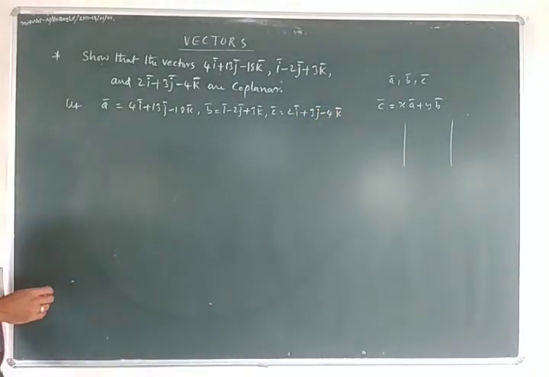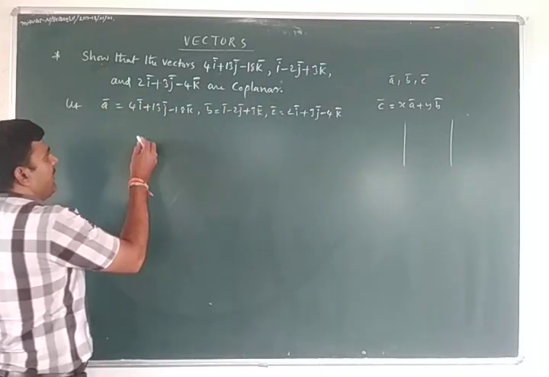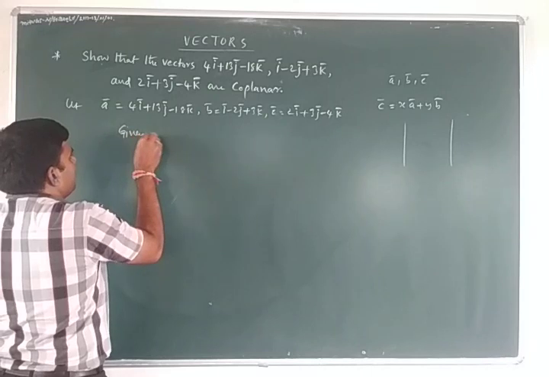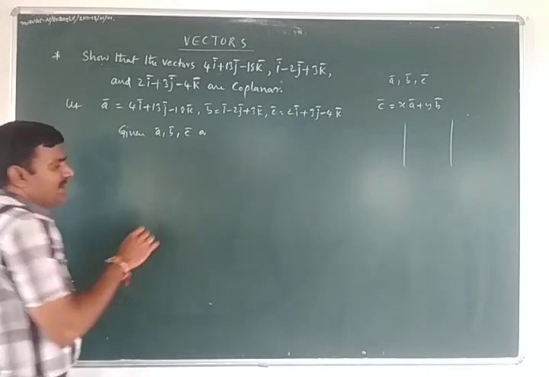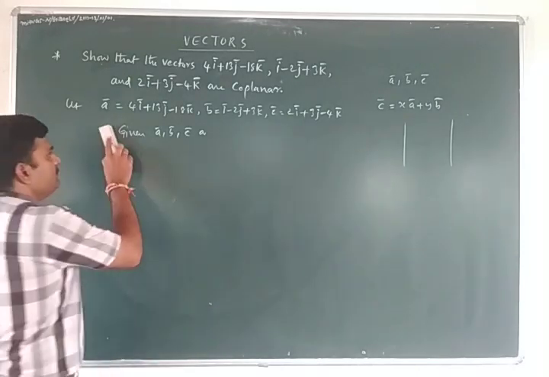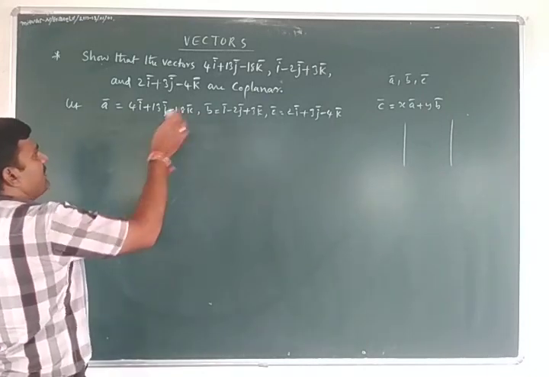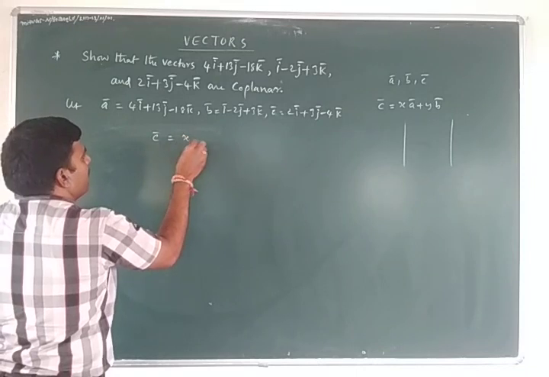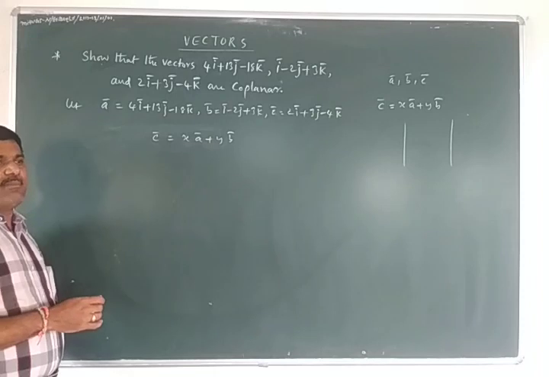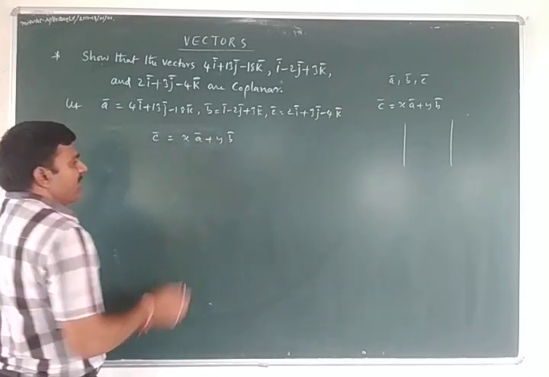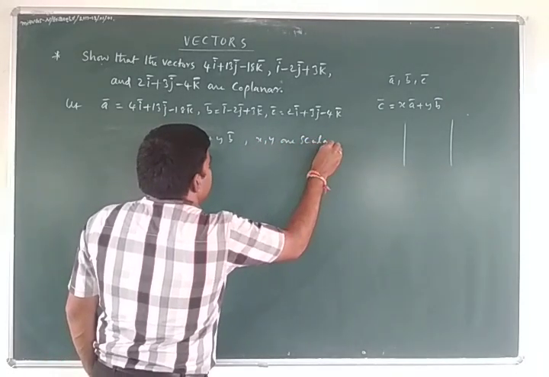We want to show that these are coplanar vectors, so take one vector, c bar, equal to x into a bar plus y into b bar, a linear combination of the other two vectors. Here x and y are scalars.